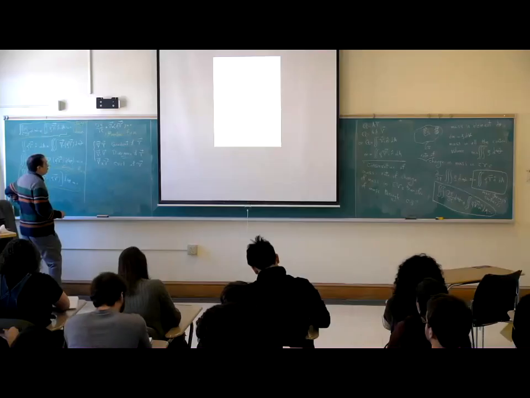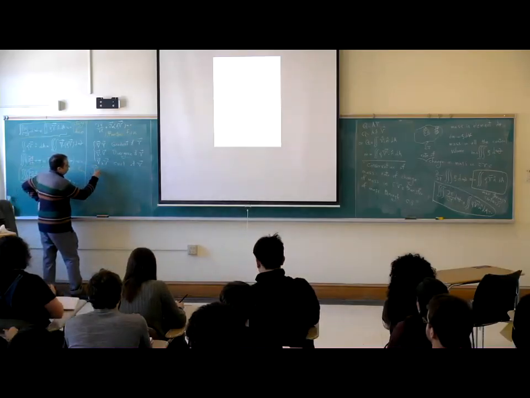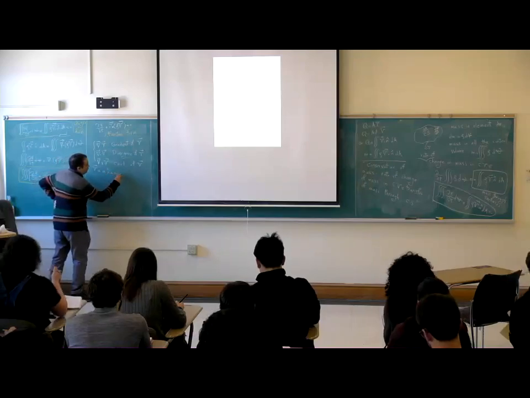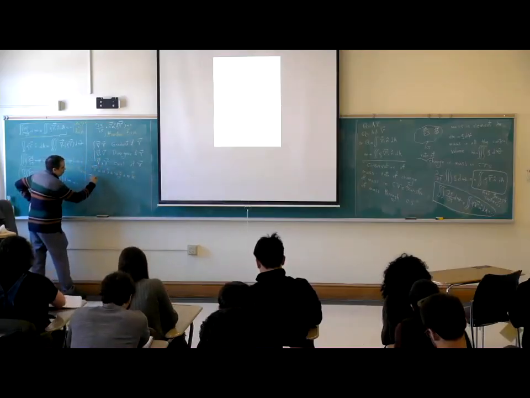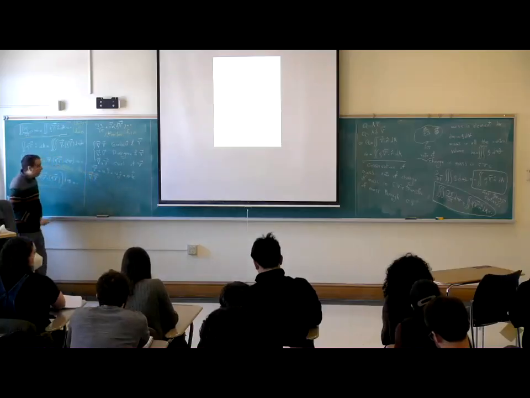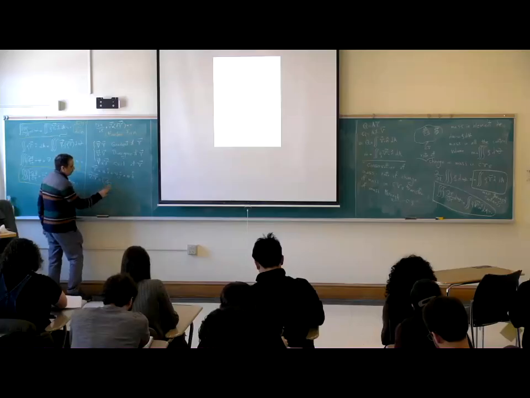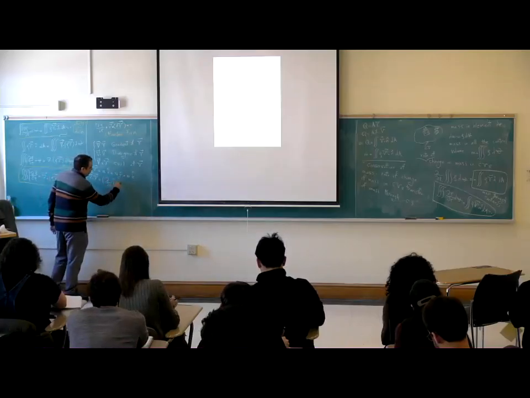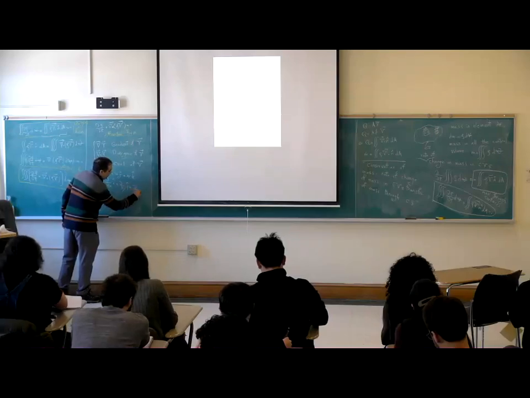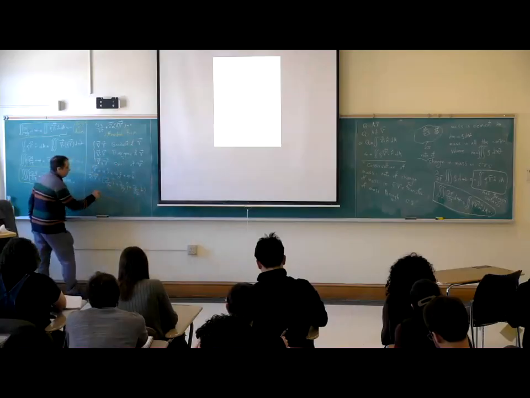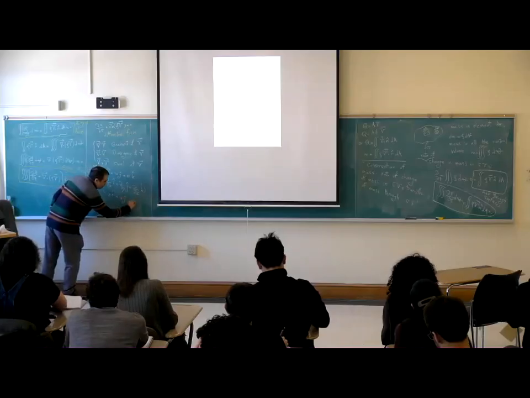So if V is Ui plus Vj plus Wk, divergence of V is equal to partial x i plus partial y j plus partial z k dot ui plus vj plus wk.